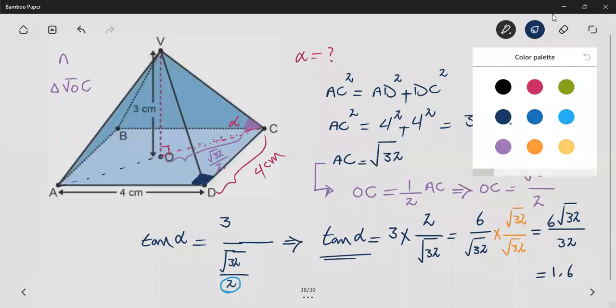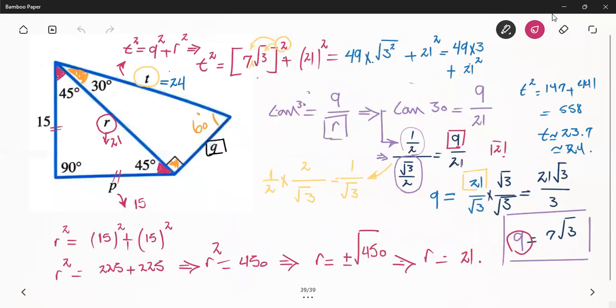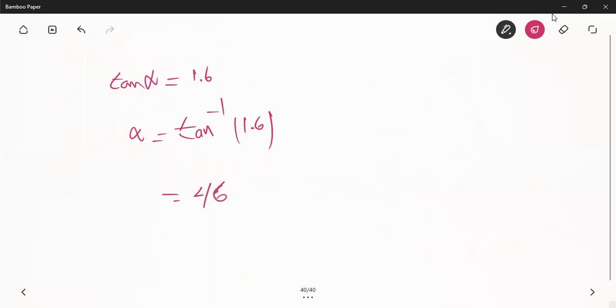As a result, what did we do? We said that the tangent of alpha, let me go to the next page, is equal to 1.6. Then alpha can be taken as tangent inverse of 1.6. How much did you get? 46.6. Let's call it 46.6 degrees then.